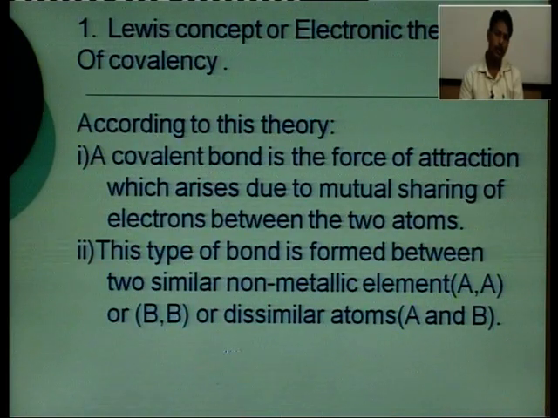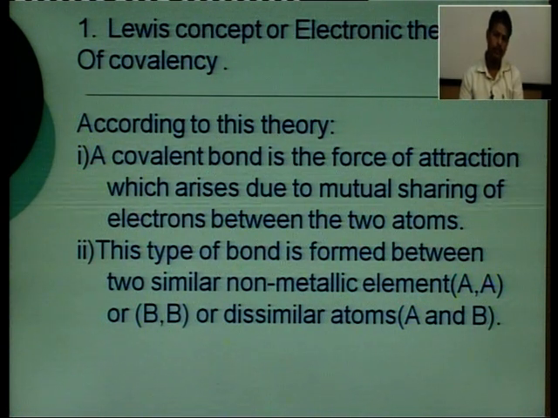In an oxygen molecule there are 6 electrons in one oxygen, so it requires 2 more electrons, which it shares from another oxygen atom. The mutual sharing of electrons is due to the formation of an octet, so covalent bonds are formed due to the force of attraction which arises from mutual sharing of electrons between the two atoms.